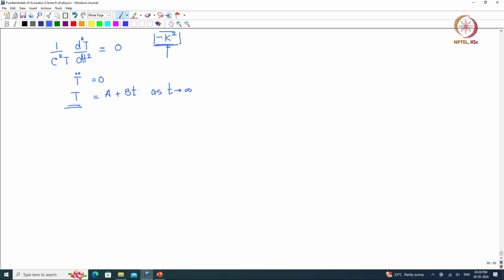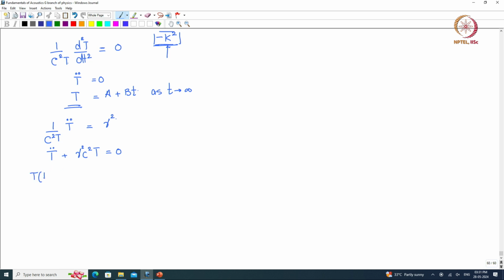Now similarly, suppose this is a positive number. That means 1 over c square t double dot is a positive number, say gamma square. That means I have t double dot plus gamma square c square t equal to 0. How do I find the solution?